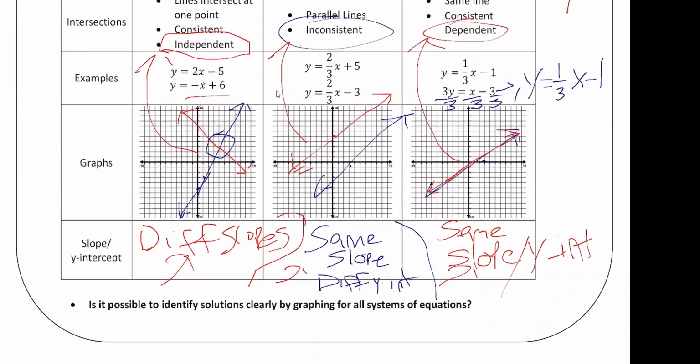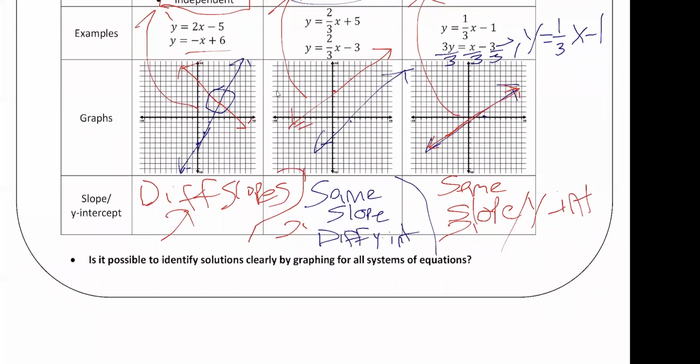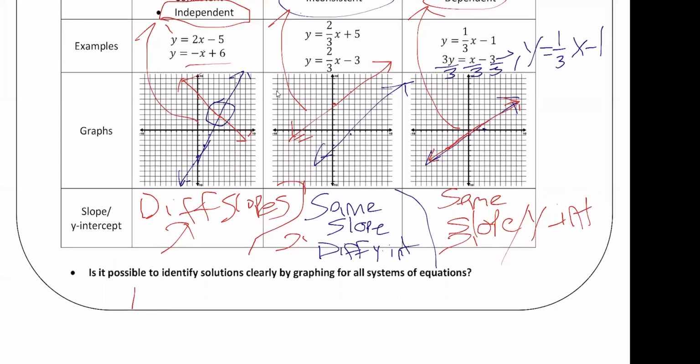So one thing to think about, is it possible to identify solutions clearly by graphing for all systems of equations? Well, no. The reason solving by graphing isn't used for every problem is a lot of times you get decimals, or you get places where they cross that aren't super nice. Like, for example, I'm pretty sure, unless I was just sloppy, this one would be an example where it's hard to see exactly where they cross.